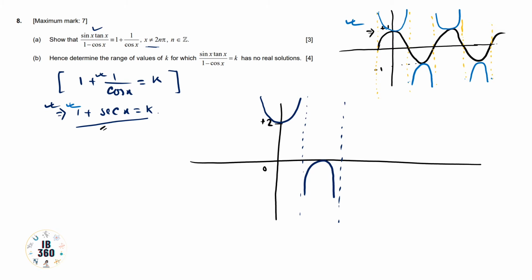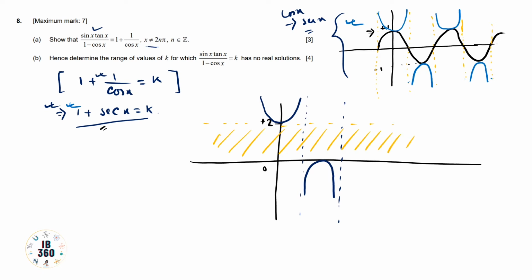So this was the normal curve for cos x and sec x. So from here you are getting the curve like this. So easily you can see in this region, that is in this 0 to 2, there is not any value.